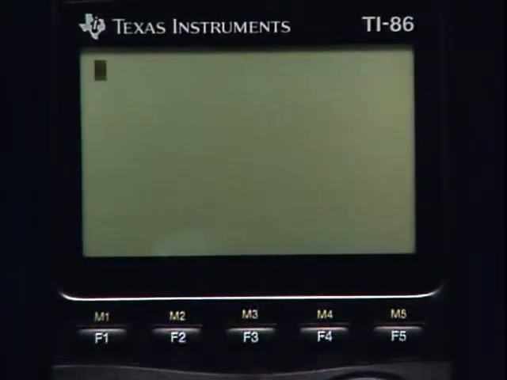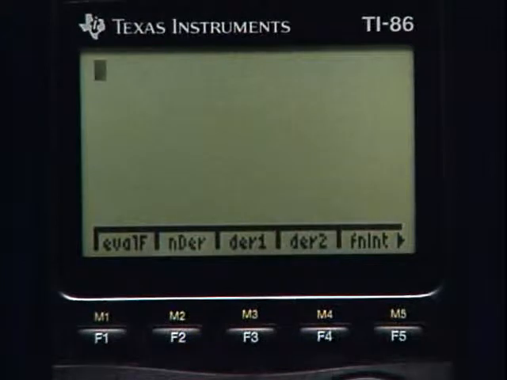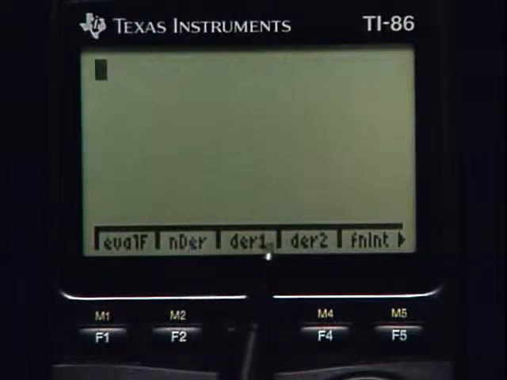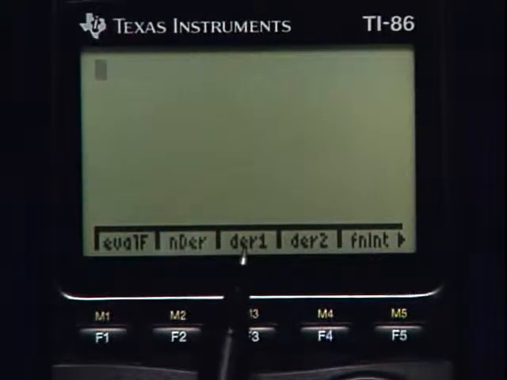It's very similar to the way that we perform the operation on the TI-83. We want the calculation, or the CALC menu, so it's the second function on the division sign for calculating. And we can use either this nDeriv or DER1. Either one of these will give very close approximations for the derivative.